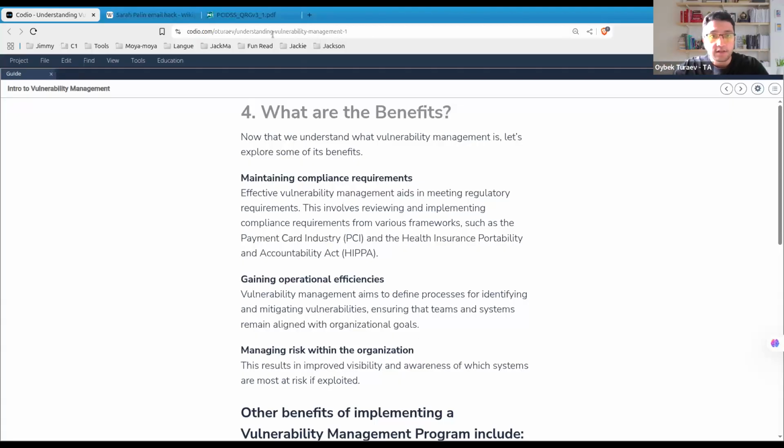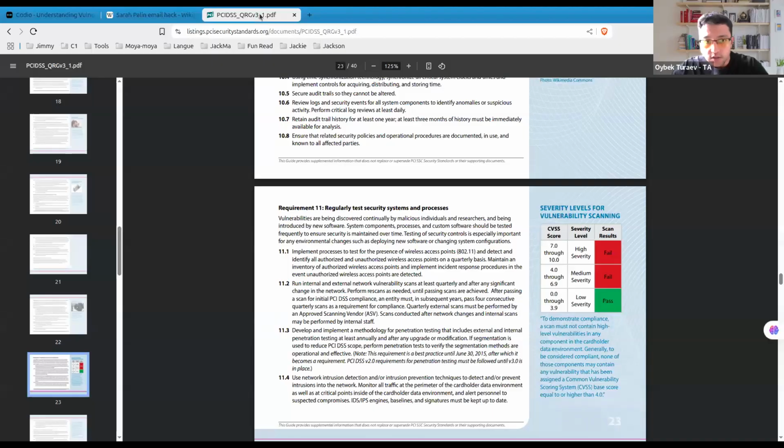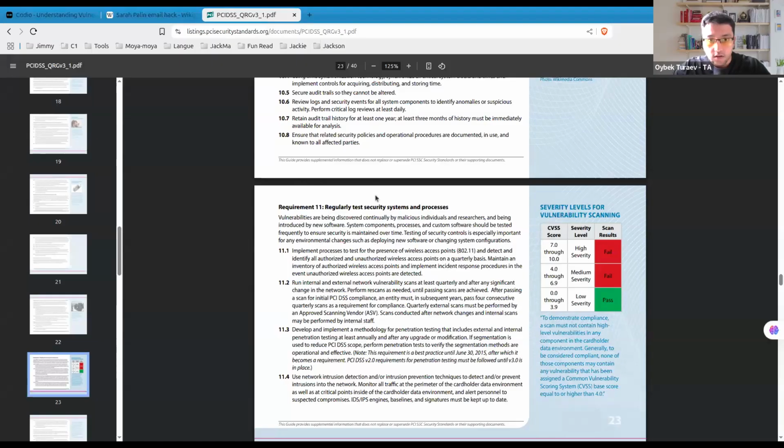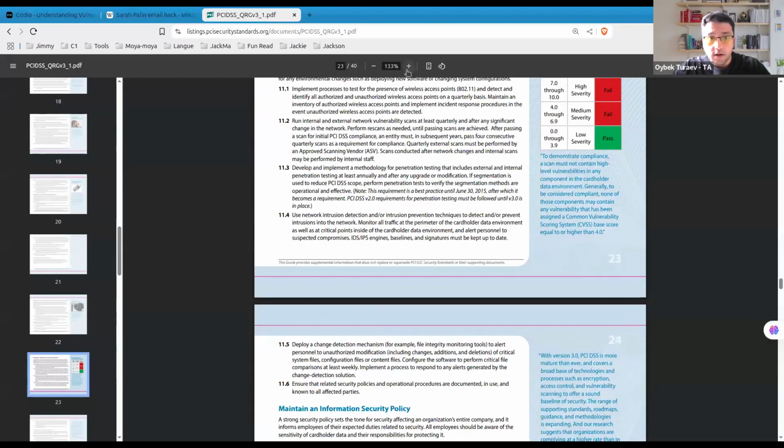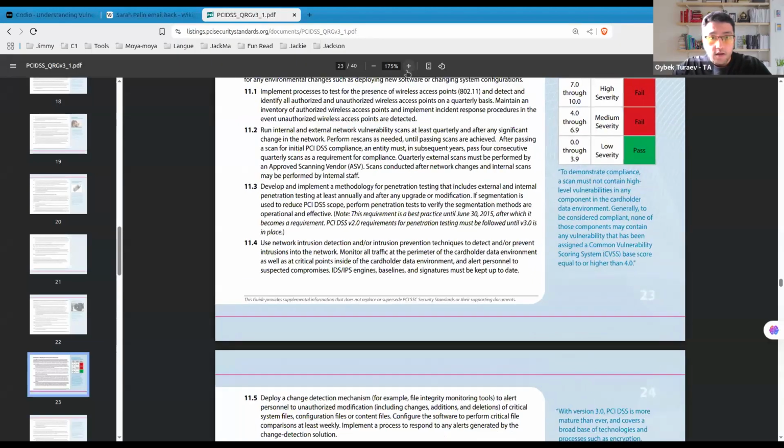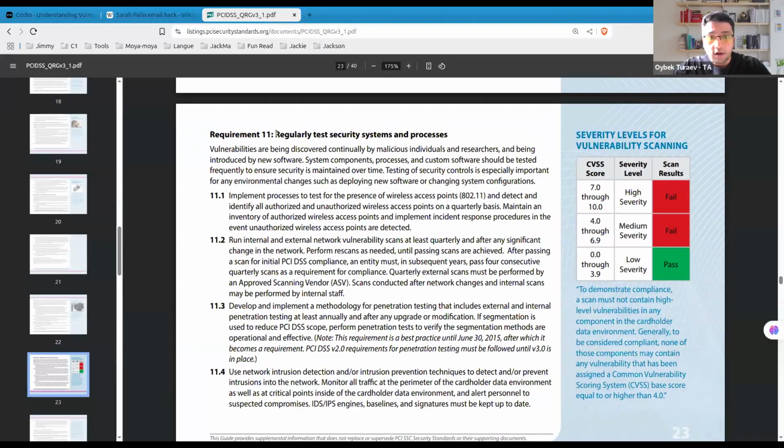For example, there is an official page from PCI DSS, as you see here, let me zoom in. As you see here, regularly test security systems and processes. That's the official document of PCI DSS.